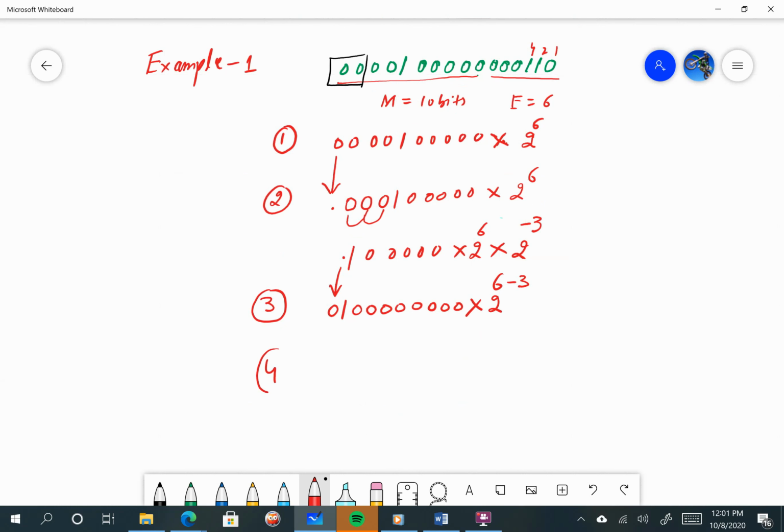In step number 4, 0 1 and 8 zeros, 3 4 5 6 7 8, this is 2 power 3.